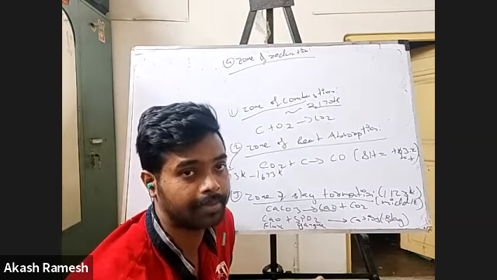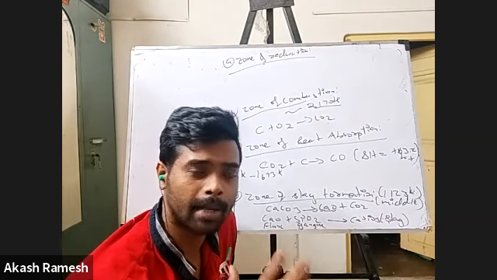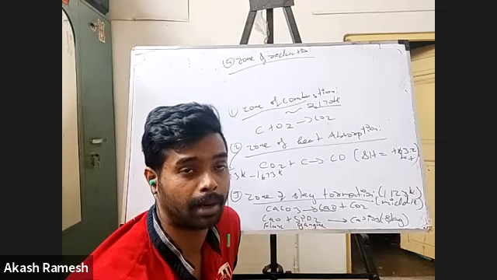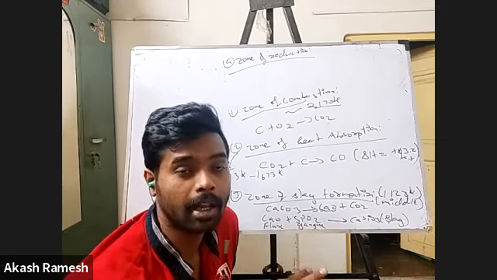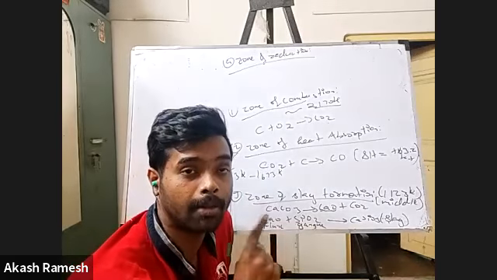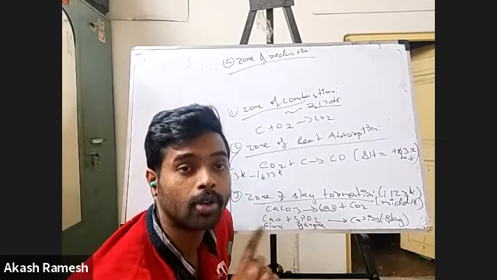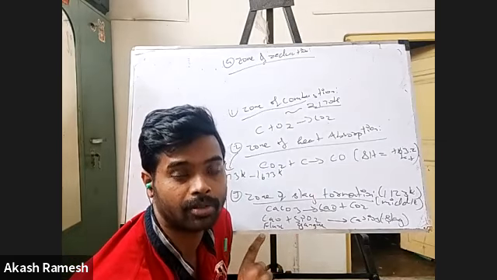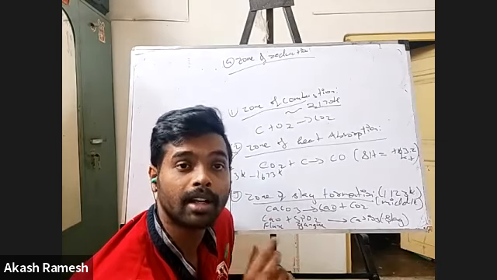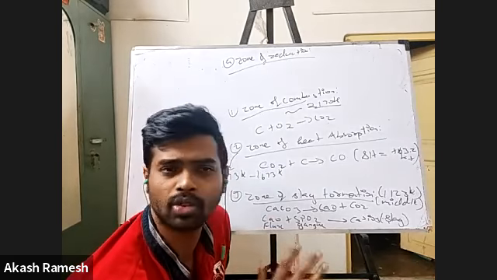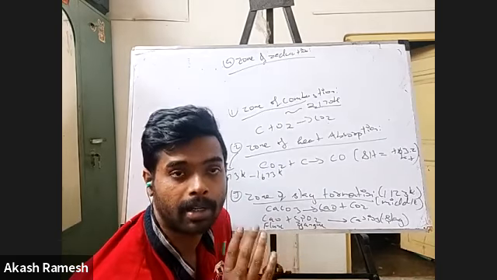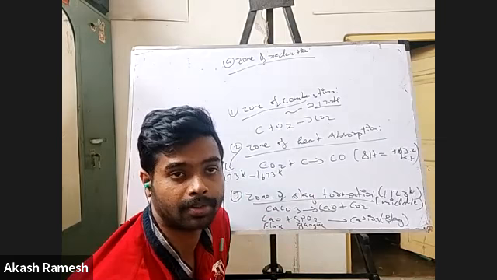Sometimes oxidation and reduction happen simultaneously in blast furnaces, but mainly you go for reduction because you're adding carbon and carbon monoxide, which act as reducing agents. So predominantly we use the blast furnace for reduction purposes, but sometimes it is used for both oxidation and reduction simultaneously.